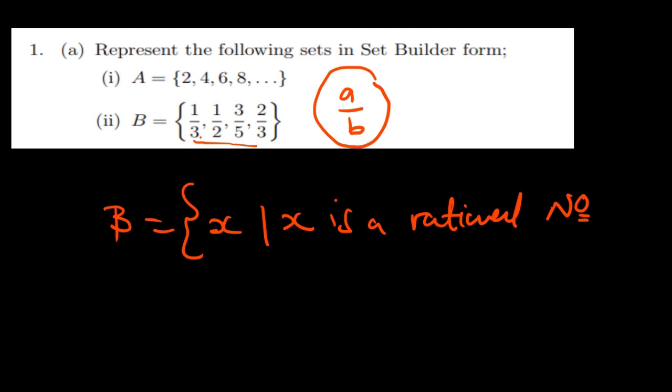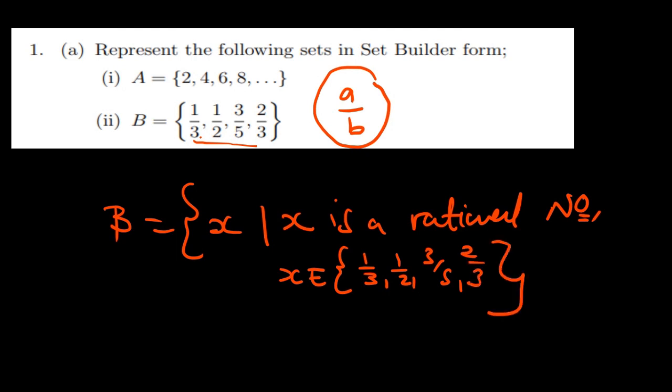So you say such that x is a rational number, where this x is a member of, and then you write the same set that you have there: 1 over 3, 1 over 2, 3 over 5, and then 2 over 3. So you've represented this set B in the form of set builder notation. So x is a rational number such that x is a member of this set here. All right, so any questions there?